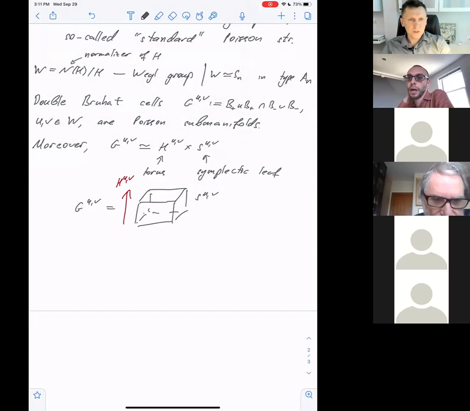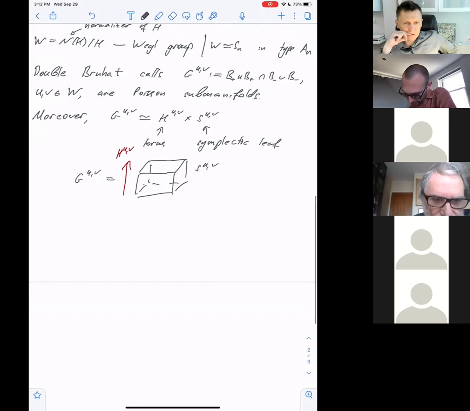In the group you just ask that the determinant is invertible, but in the biggest double Bruhat cell, the principal minors and the opposite principal minors are invertible. Indeed, it's a good question.